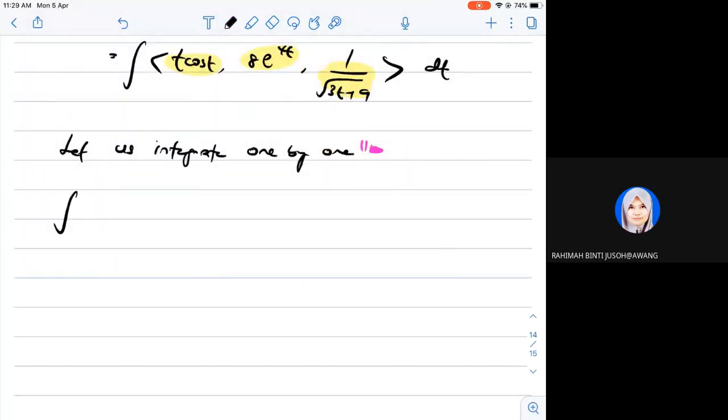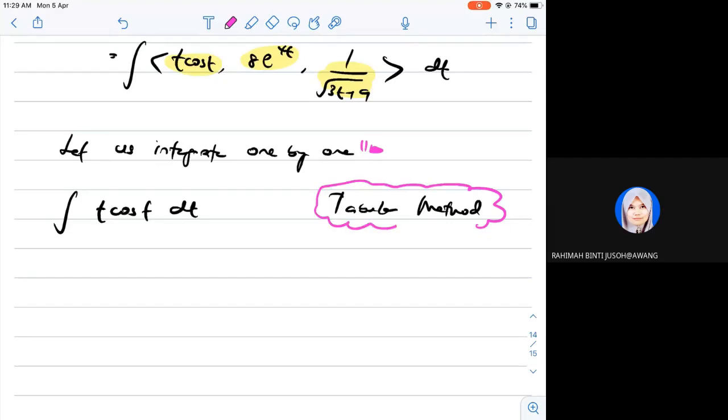Okay, so now kita nak integrate t cos t dt. Kita integrate by component. Okay, let's say we use a tabular method or integration by parts. It's up to you lah which one yang you dah familiar. Okay, so tabular method. Alright, differentiate, integrate.